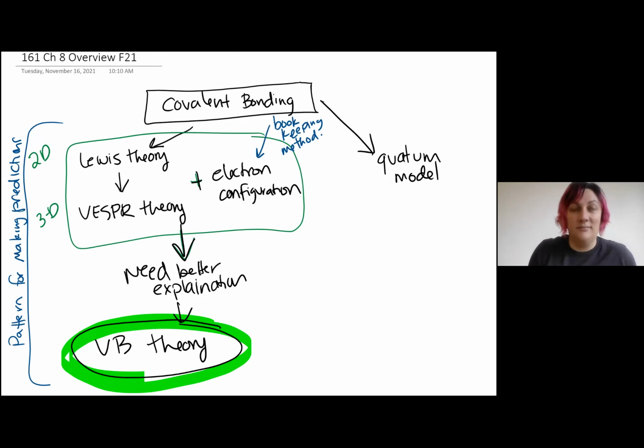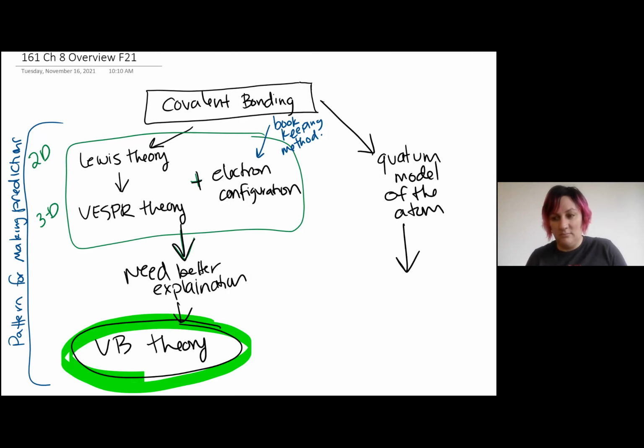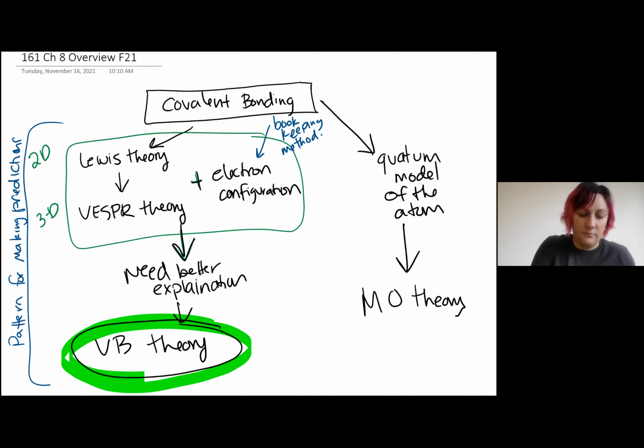So all that Schrodinger wave equation stuff we did, and the electronic structure of electrons when they're so tiny that they can act as both a particle and a wave. So that actually leads us to molecular orbital theory, or MO theory.